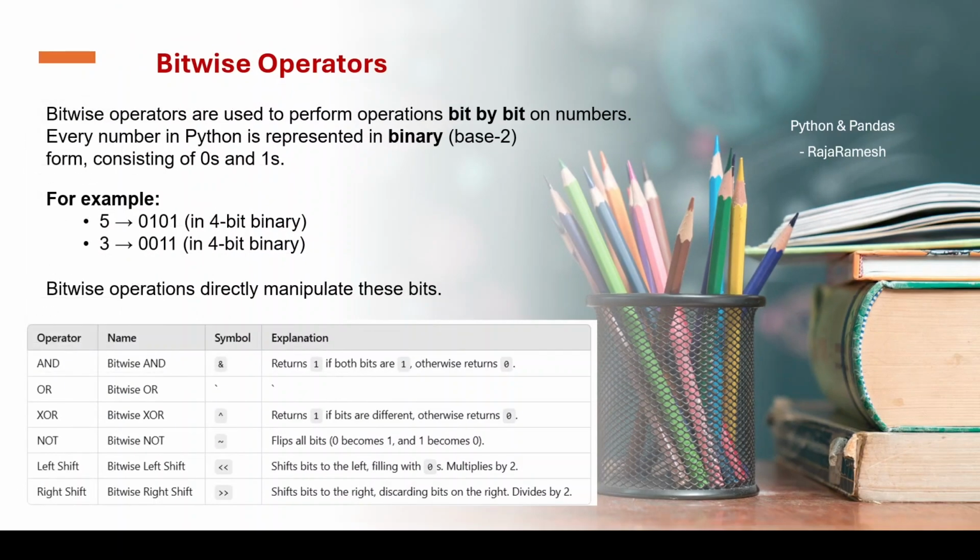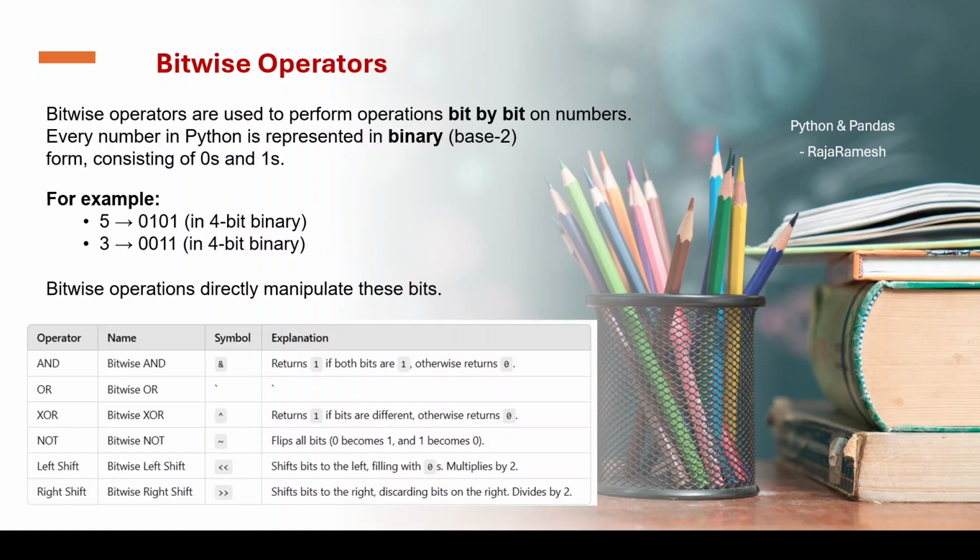Now let us see the last type of operators we have, bitwise operators in Python. Python supports some bitwise operators. Bitwise operators perform operations bit by bit on numbers. So if we perform a bitwise operation on two numbers, it is not going to work on the number directly, but instead it represents the number as a binary number, takes all the bits out of that number and compares each and every bit.